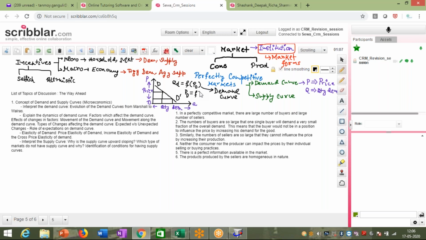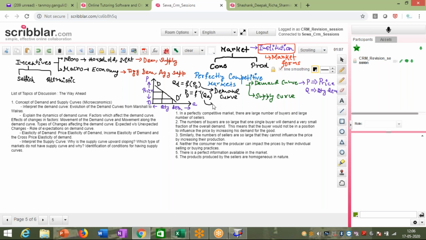P_D as inverse of Q. What I'm trying to say is that corresponding to a given quantity demanded, what is the corresponding price? So the price over here is the dependent variable and the quantity demanded is on the x-axis. So this is what we call the inverse demand curve.